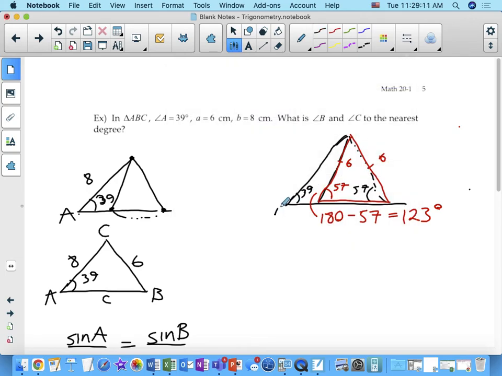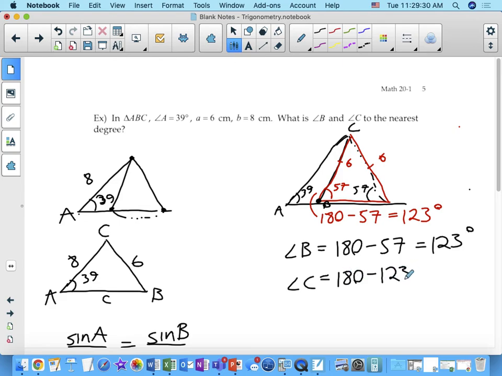This is A, this is C, this is B. Angle B is 180 minus 57, which is 123. And angle C is 180 minus 123 minus 39, which is 18 degrees.